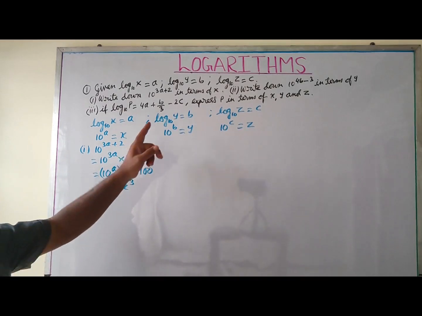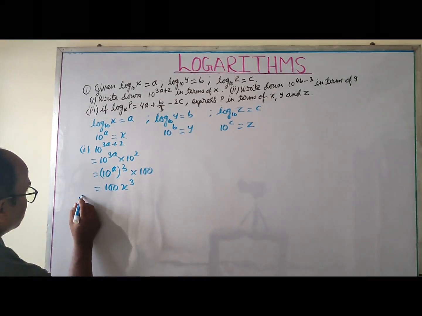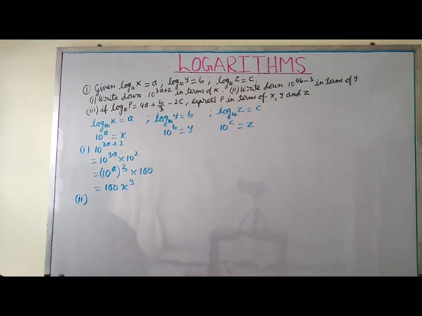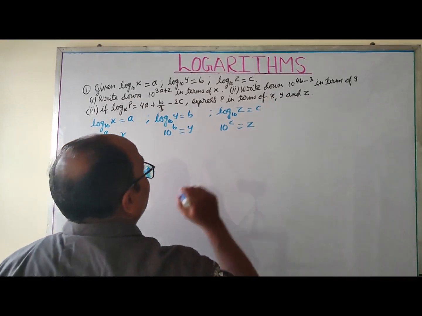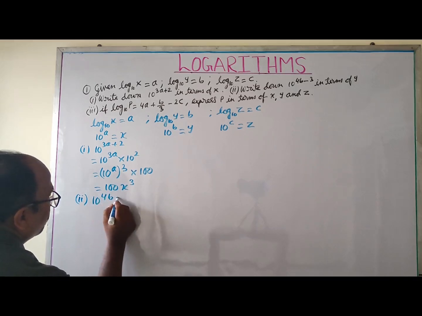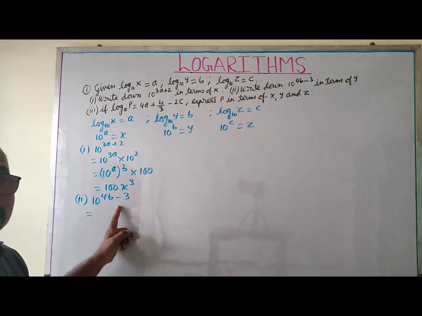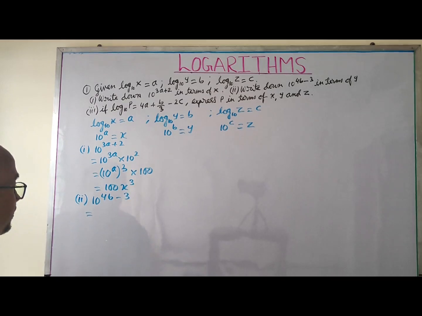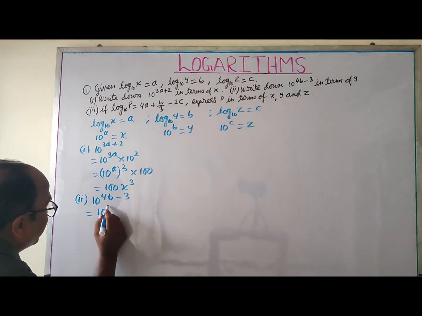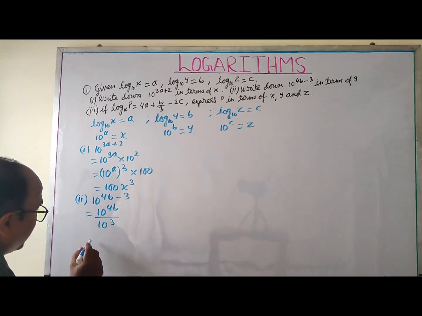Okay. Now I will take a look at the second part. In the second part, it is given 10 to the power 4b minus 3. In the previous one it was addition, so we multiplied with the same base, and here it is subtracted, so it will be divided. So I will write 10 to the power 4b by 10 to the power 3.